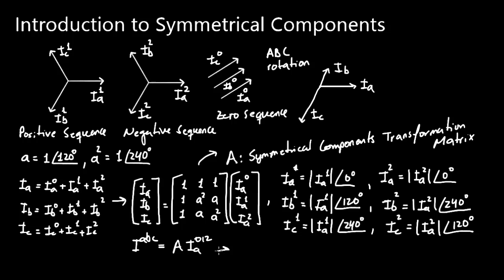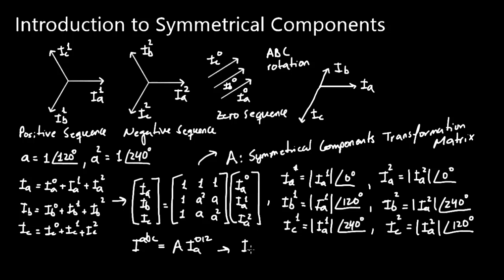Then likewise from this matrix we can get the opposite. So if we know what the sequence components are, doing this we can get the phase currents, but we can also do the opposite. If we know the phase components, then we can calculate the sequence components using the following equation.